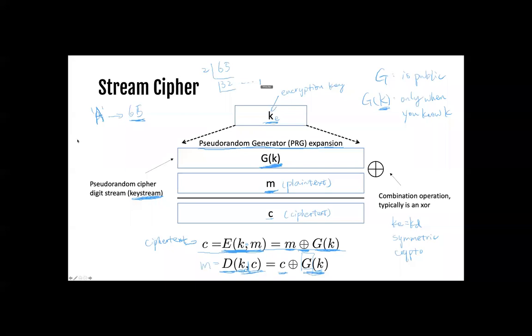Actually, there's another way, which is much easier. 64 is 2 to the 6, right? So it is 2 to the 6, and then plus 1. So this is 65. In this way, you get the bit string for A.